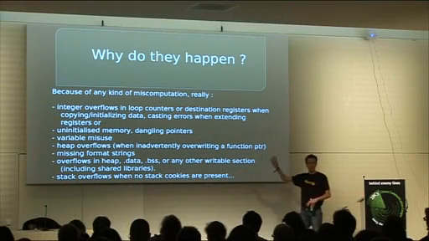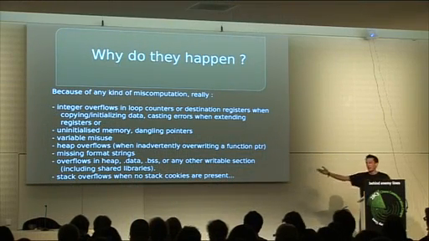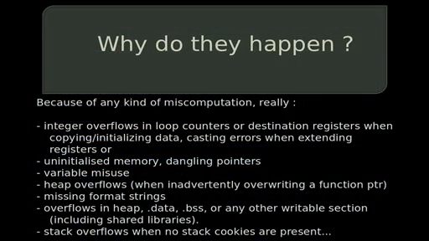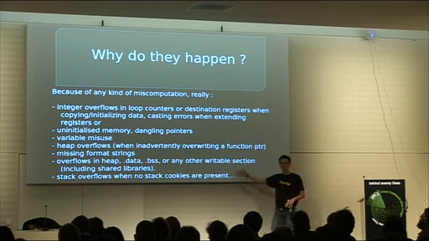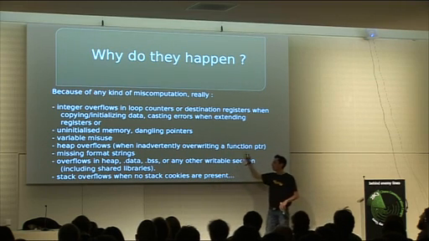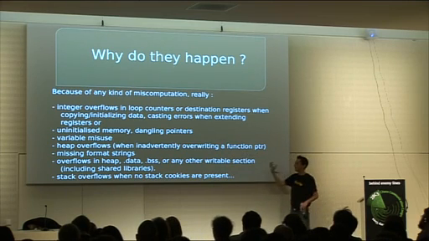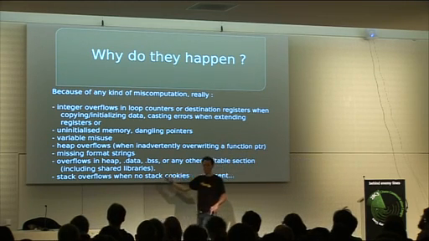Why do bugs happen? We don't really care. There are so many ways you can mess up, like variable misuse, heap overflows, overflows in any kind of sections. I'm especially interested in those. Stack overflows are very well understood, and there is some literature on heap overflows, but there is little which is currently usable for, say, BSS overflows.